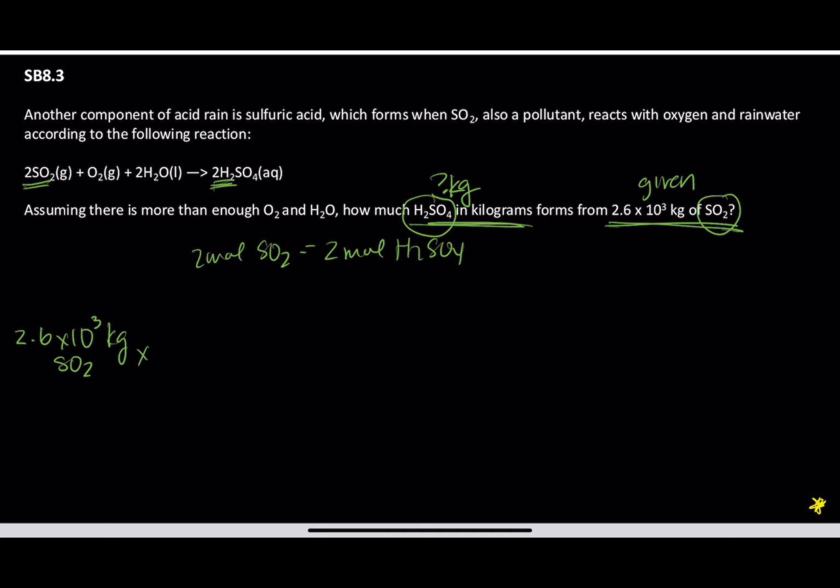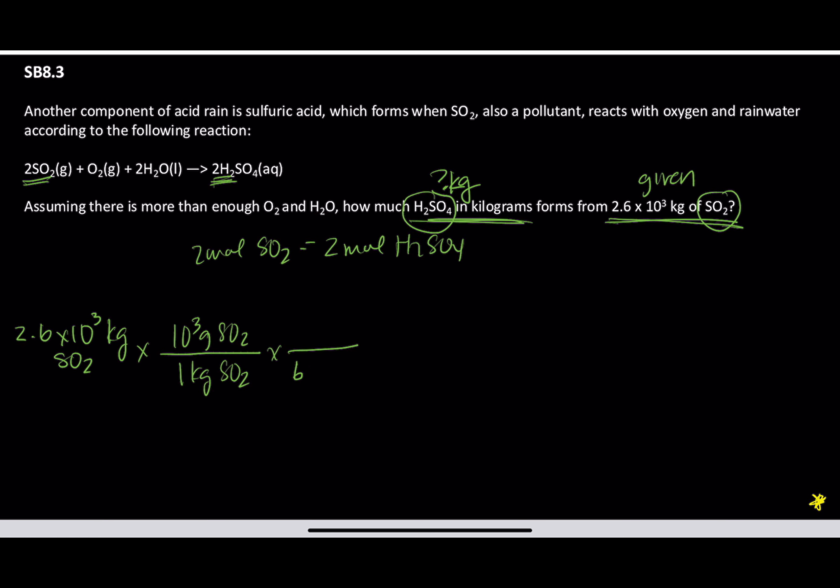We're going to take that kilograms and turn it into grams using the conversion factor we learned way back in chapter 2 from kilograms to grams of SO2. Then we've got to get it into moles, which means, right, molar mass, figuring out the molar mass of SO2. And then once we've got the molar mass, we've converted our kilograms into moles. Now we can employ the mole ratio that gets us from moles of SO2 to moles of sulfuric acid.